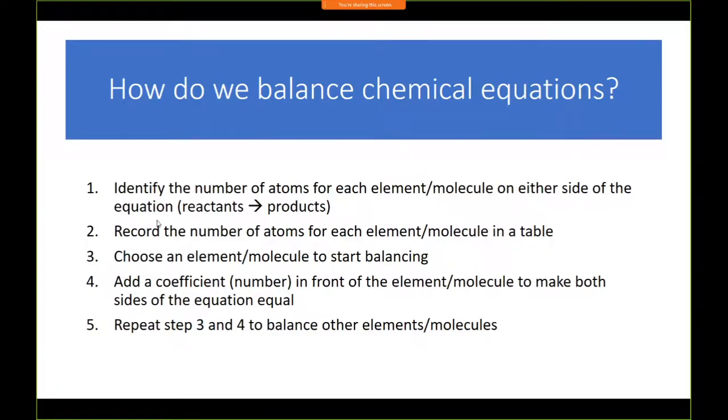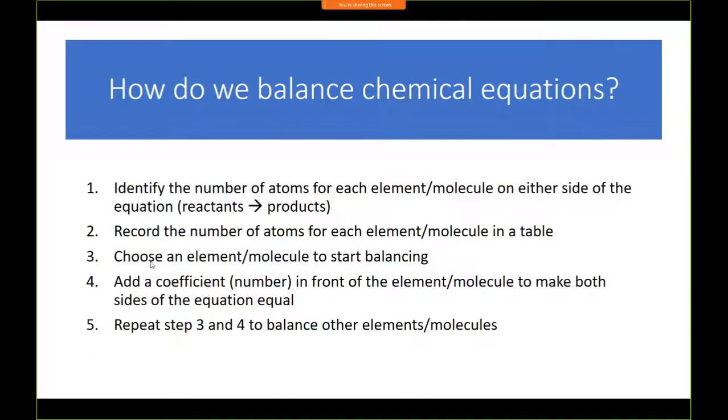Step 2, once you have listed the atoms, you record the number of atoms for each molecule in a table. You will see that the left and right hand side will not be the same. So you will do steps 3 and 4 and repeat them. Those steps are new, and I will read them to you and show you how to do them in the next example.